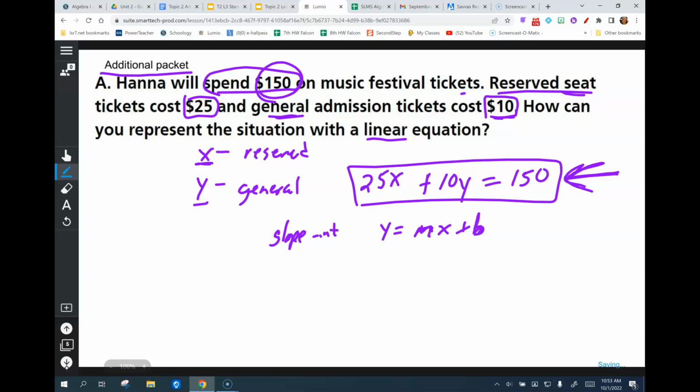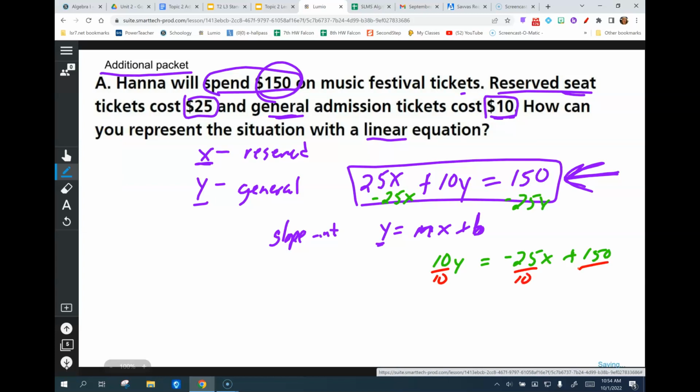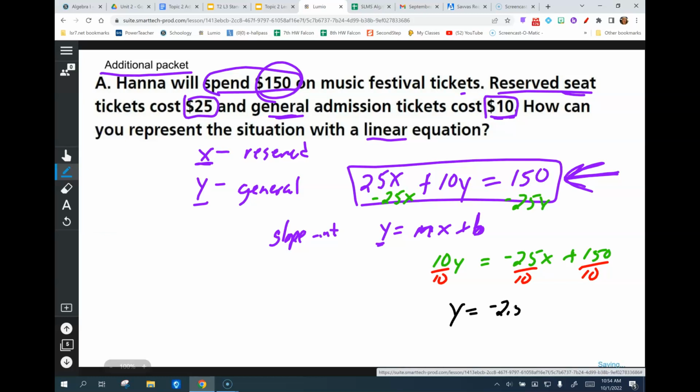So I just have to get y by itself. First, I'm going to subtract 25x. So I get 10y is equal to negative 25x plus 150. Then I'm going to divide every single term by 10, and I get y is equal to negative 2.5x plus 15.